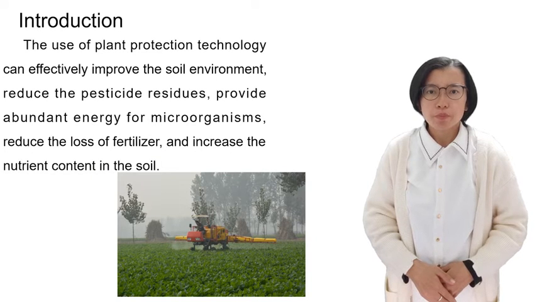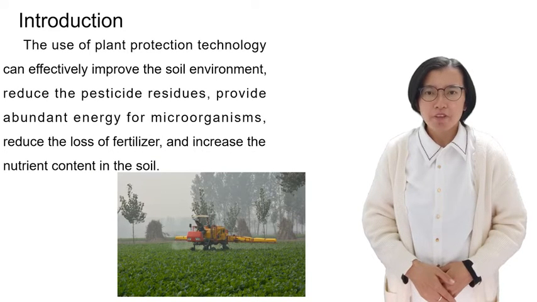The use of plant protection technology can effectively improve the soil environment, reduce the pesticide residue, provide abundant energy for microorganisms, reduce the loss of fertilizer, and increase the nutrient contact in soil.